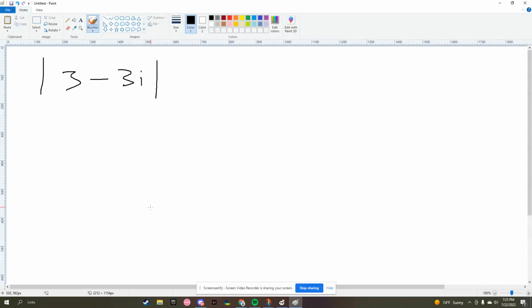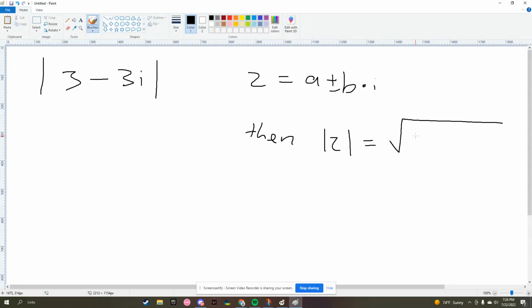So now that I've gone over the graphing version, let's look at it mathematically. Like I said earlier, z is equal to a plus or minus b times i. Then the absolute value of z would be equal to the square root of a squared plus b squared.